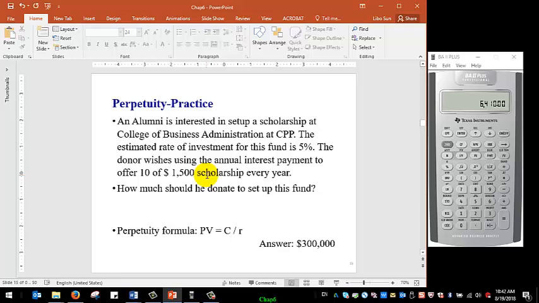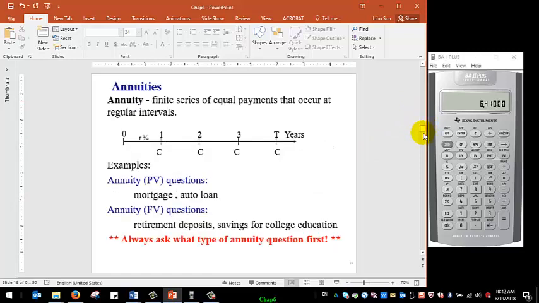So how much initial money should you put into this fund? Again, this is a perpetuity example. I will ask you to use a calculator and find out. The answer is 300,000. So perpetuity is the same payment that continues forever.